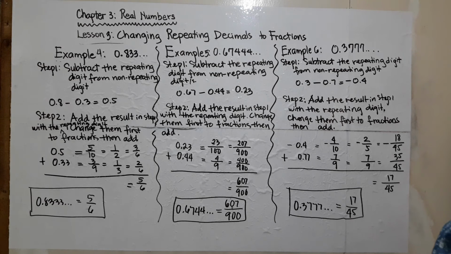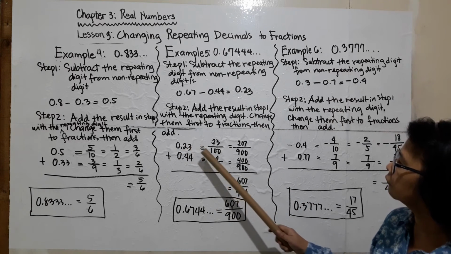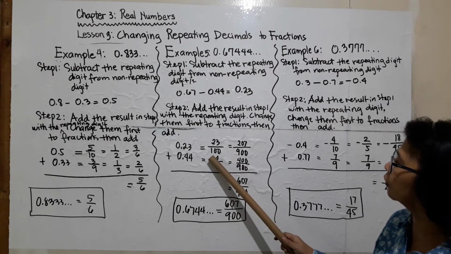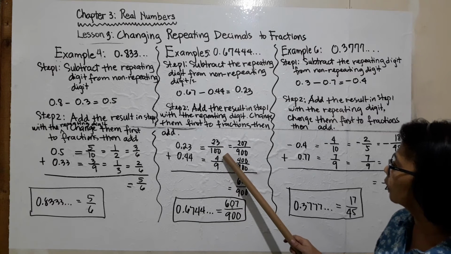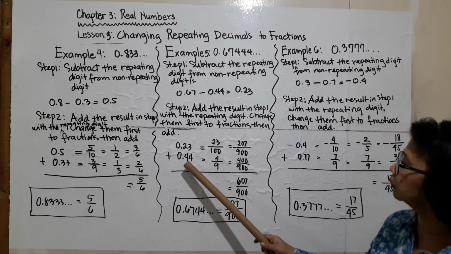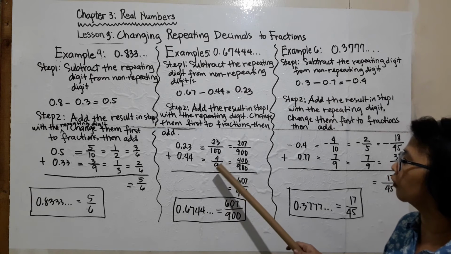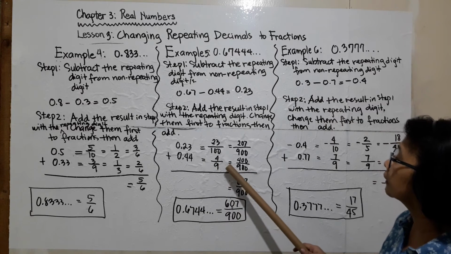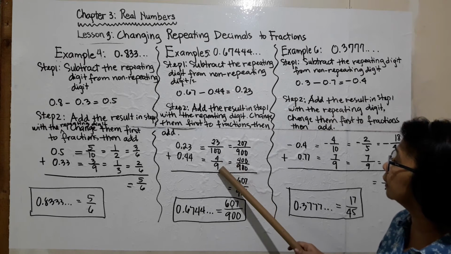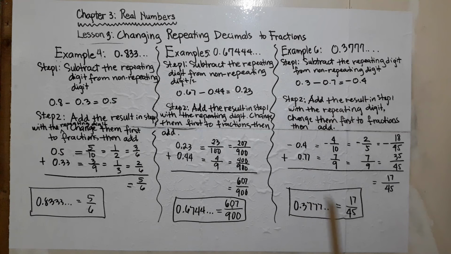So the result in step 1 is 0.23. In fraction, that is 23 over 100. Okay? Then, for the repeating digit, you have 0.444, in fraction, that is 4 over 9. And then, look for the LCD since we cannot add them since they are dissimilar.